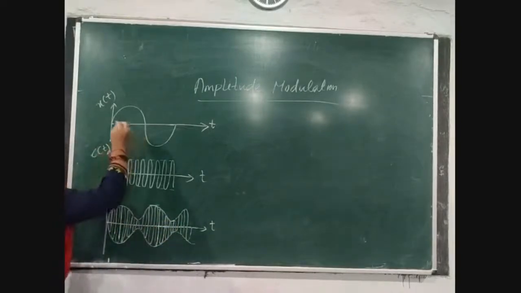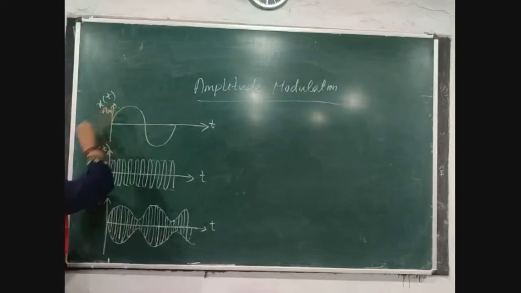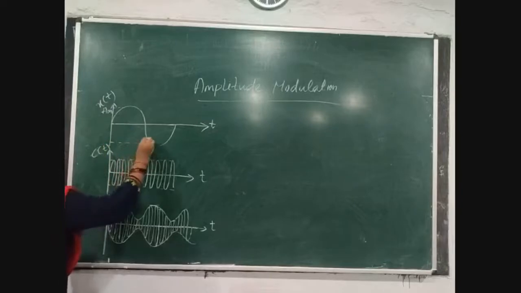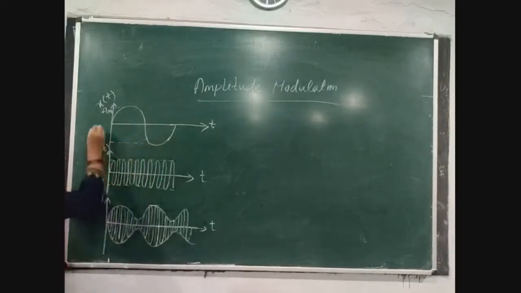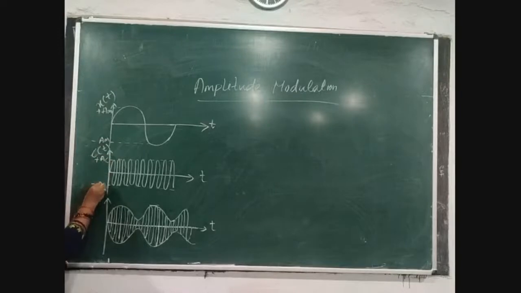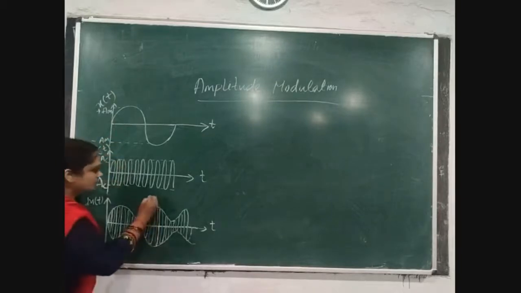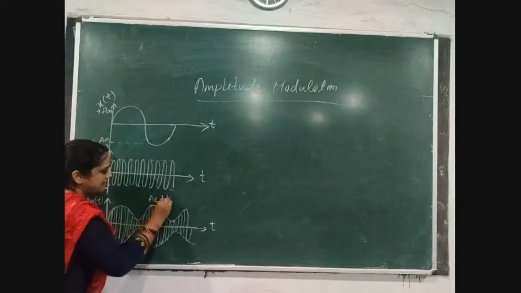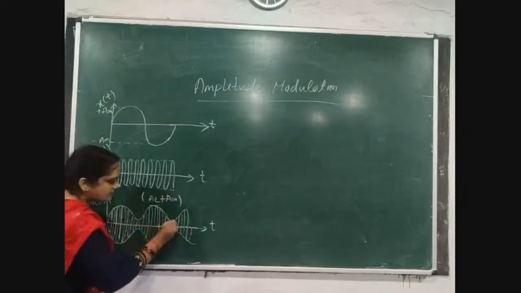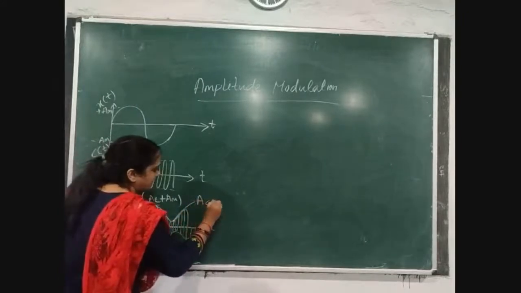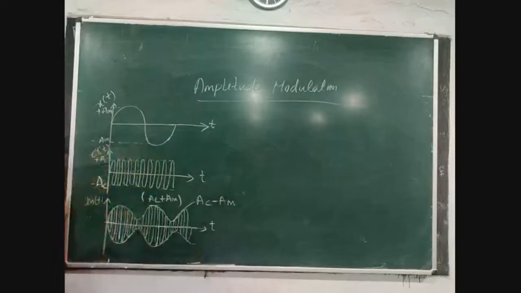If we assume the amplitude in the modulating signal is plus AM to minus AM, and in the carrier signal plus AC to minus AC, then the maximum amplitude is AC plus AM.